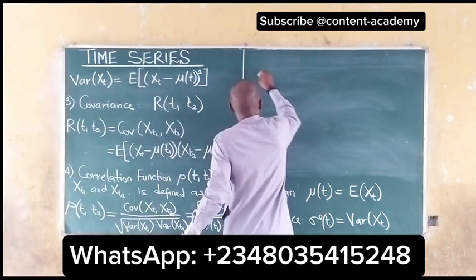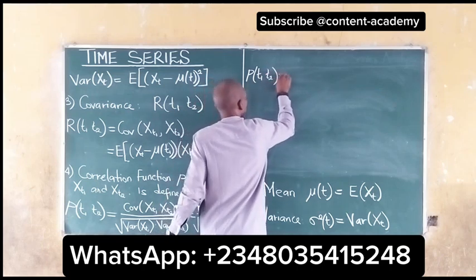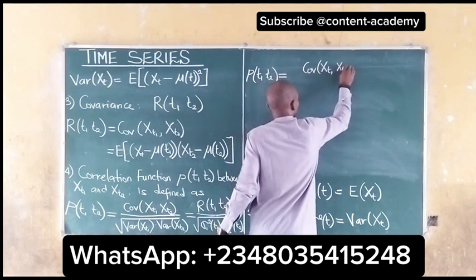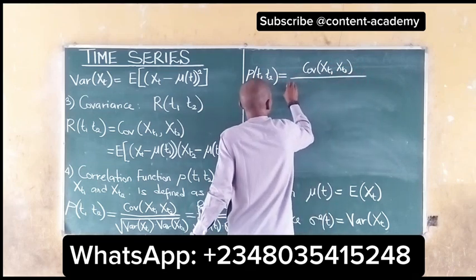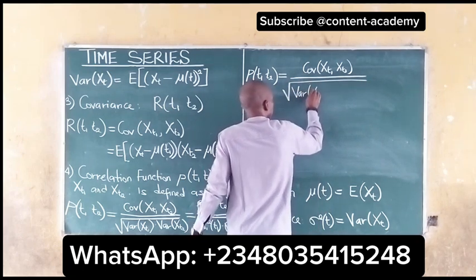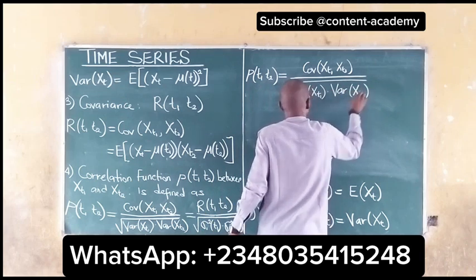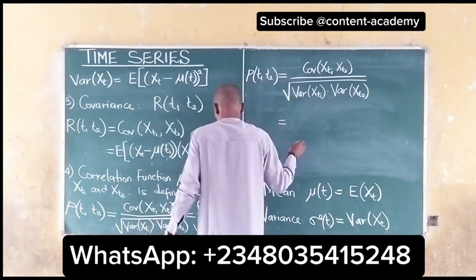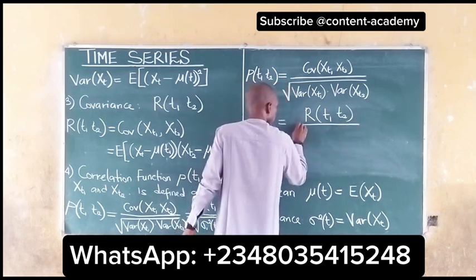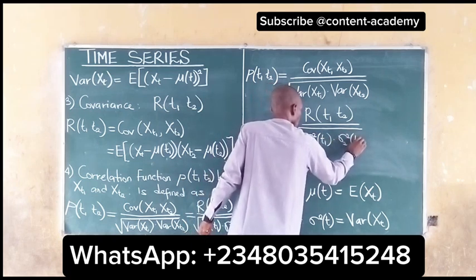So we have our correlation of t1, t2, which we are writing out properly as the covariance of xt1, xt2 all over the square root of the variance of xt1 multiplied by the variance of xt2, which is also equal to R of t1, t2 all over sigma squared 1 of t1 multiplied by sigma squared 2 of t2.